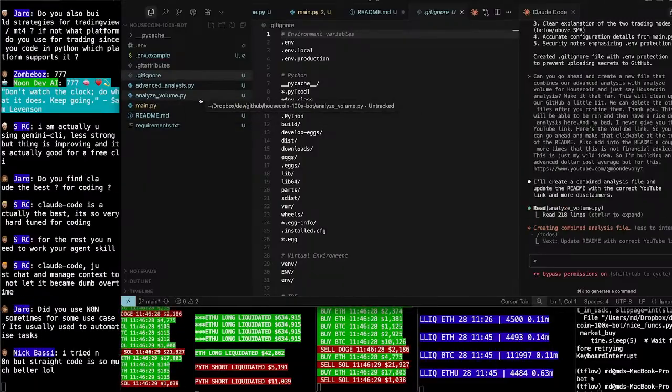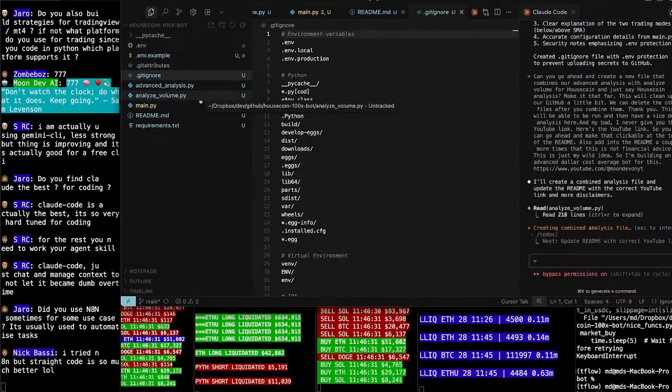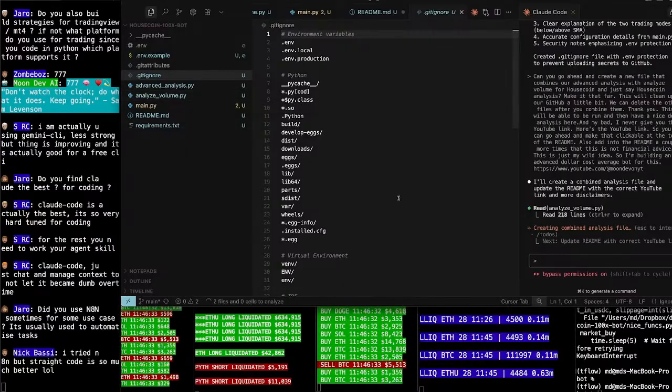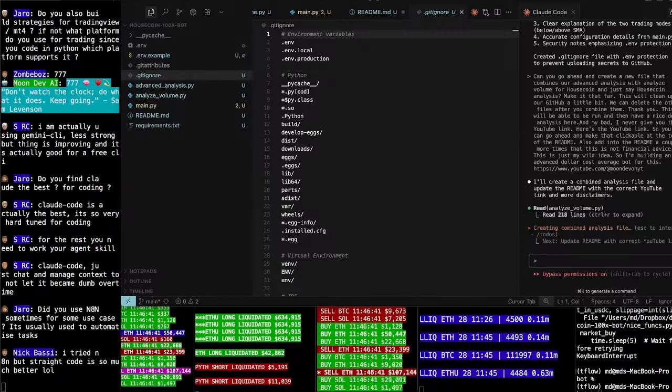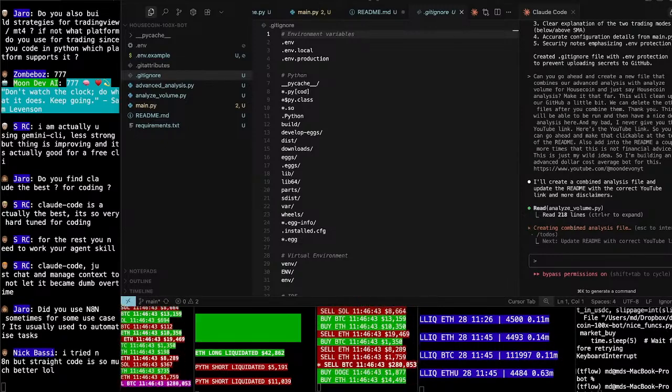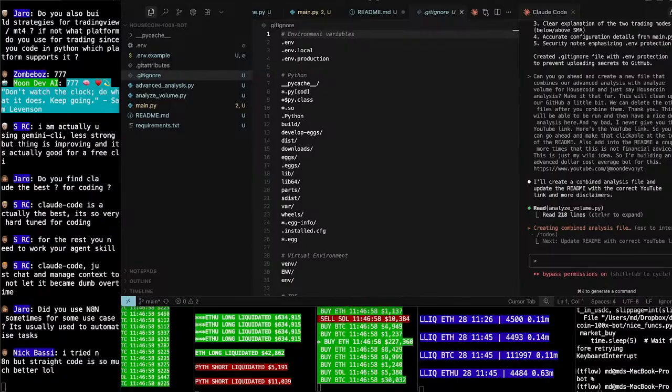Analyze volume. I tried n8n, but straight code is so much better. LOL. Dude, that's kind of how I felt. It's like everybody was spamming n8n, but if I need automations, maybe I can learn from it, but it's always best to rebuild it. Not always, but I feel like we're on the verge of something new here. In this case, being able to customize things is super important to me.